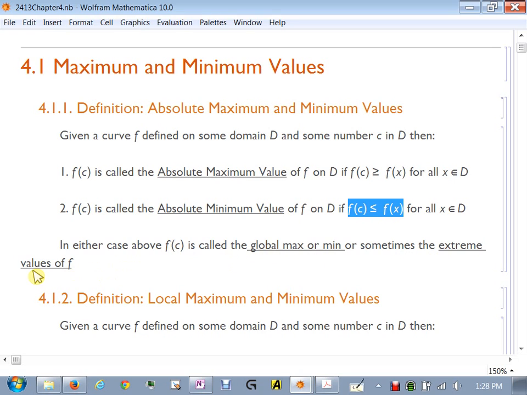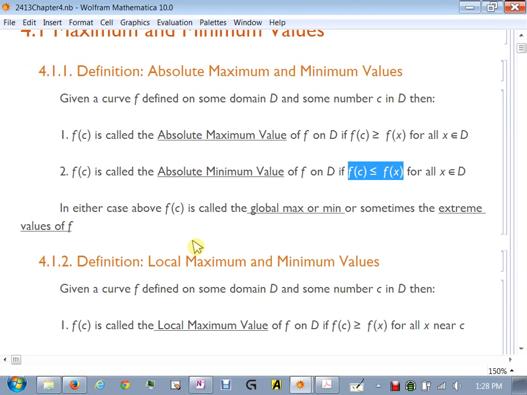So you'll hear that in different authors and different books. Different tutors will say different things. Global max, global min is the same as extreme values, or extreme max, extreme min, or absolute max, absolute min. Those are all interchangeable. Yes? These are the y values, yes, because it's f of c, that's the function's value at the function, it's the y value.